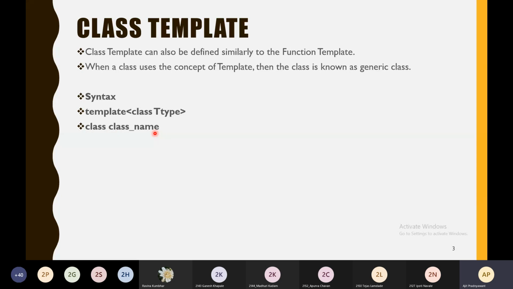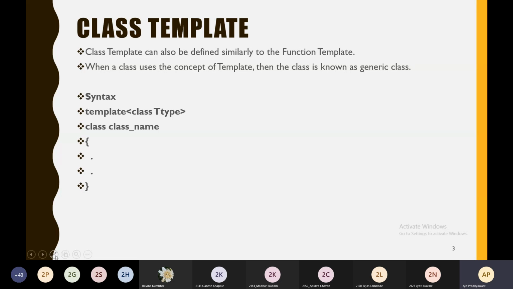You can give any name to the class, as we have given names to the classes. Then open the curly bracket, write down the body of the class, and then close the curly bracket. So this is the simple syntax of the class template.